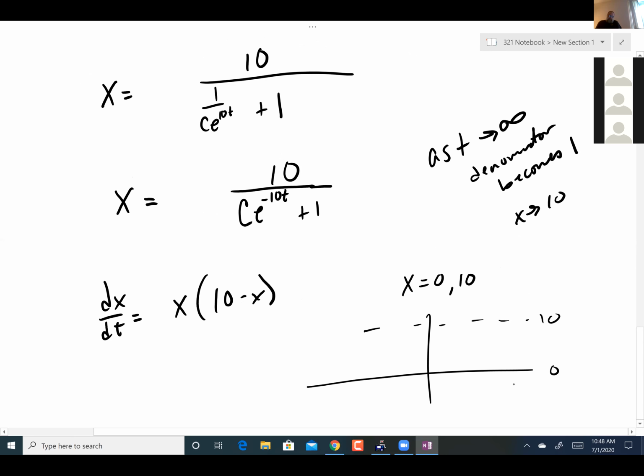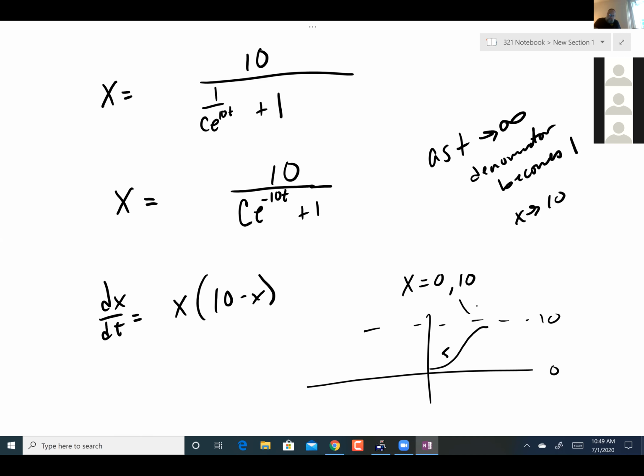I'm not really interested in negatives. I could find them if I wanted to, but if this is actually describing, let's say, a fish population, I'm not going to look at negatives. So if I put in a number like 5 or something, 5 times 5 is positive. I'm going to have positive slopes in here. And what happens if I put in a number bigger than 10? Let's say I put in 12, well, it says 10,000 fish. If I put in like 12,000 fish, what's going to happen? Well, they're going to die off.